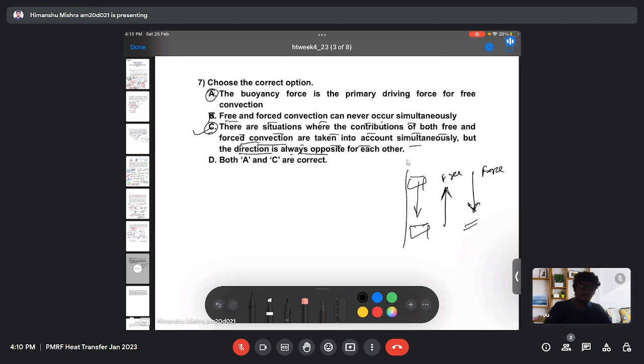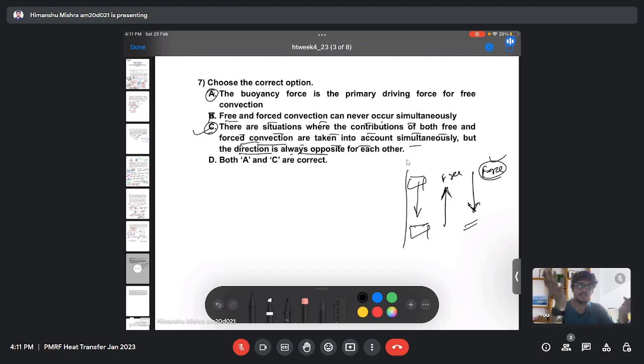But in the forced case, the direction of heat flow we are talking about, the direction of the heat convection. In forced, it can be both ways.